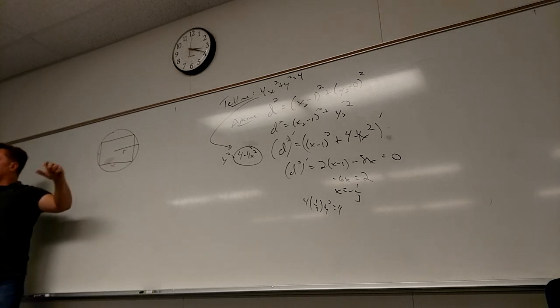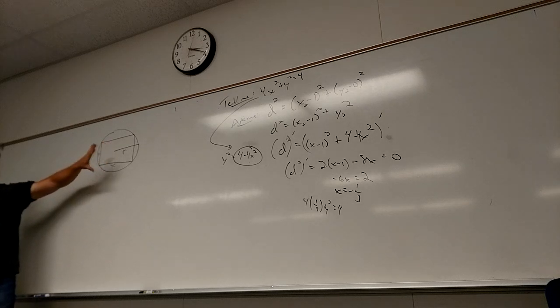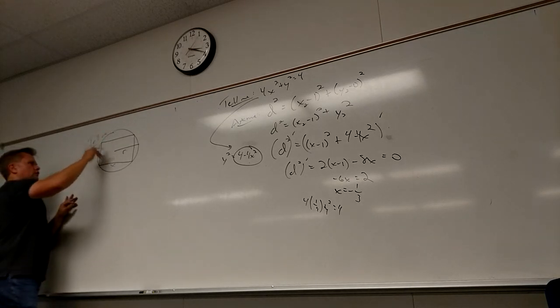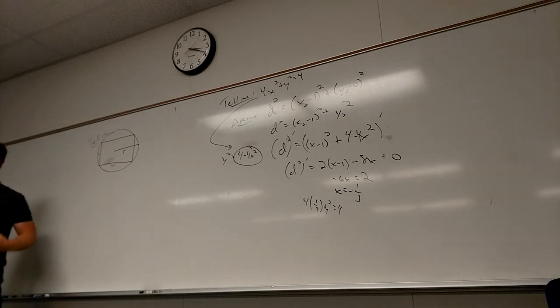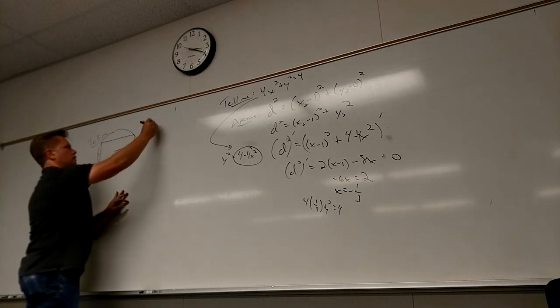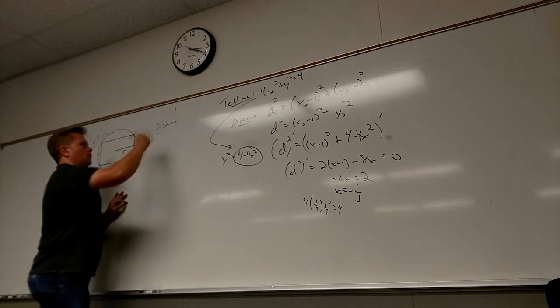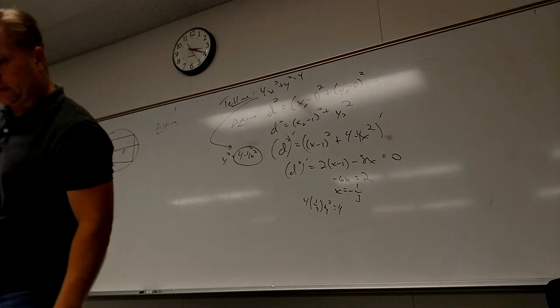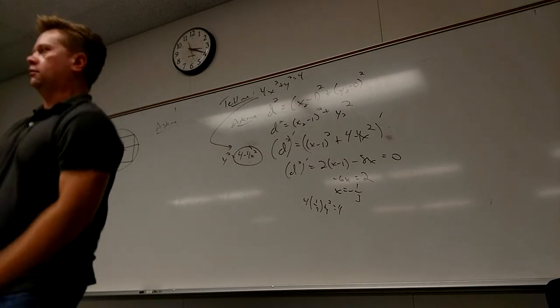And so they tell me this picture. This is what they tell me. I've got to figure out what it really tells me in terms of some kind of a function or relationship between x and y. That's really what I'm looking for, a relationship between my two main variables. And what do they ask me? I said, find the dimensions of the rectangle, largest area.